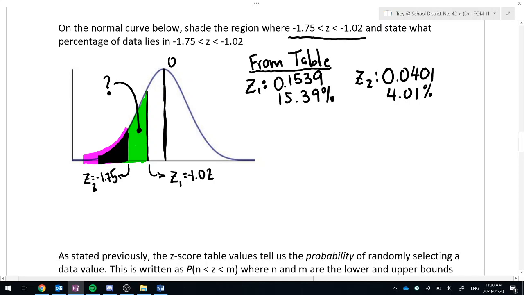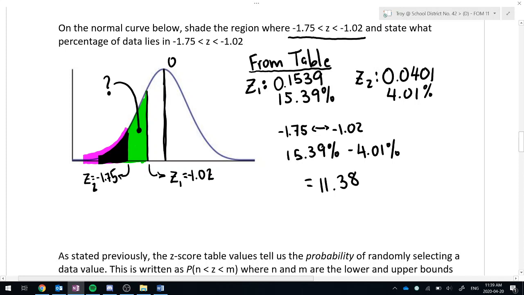Okay, so between negative 1.75 to negative 1.02 is going to be 15.39% minus 4.01%, which is going to give us 11.38% of the data between those two numbers.